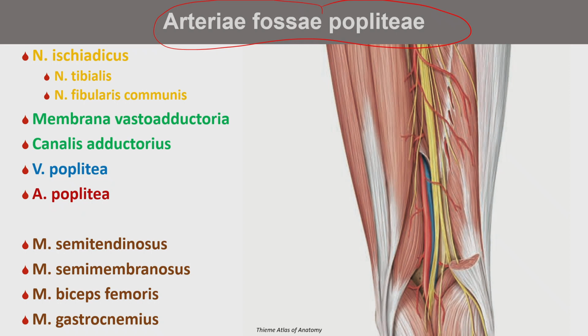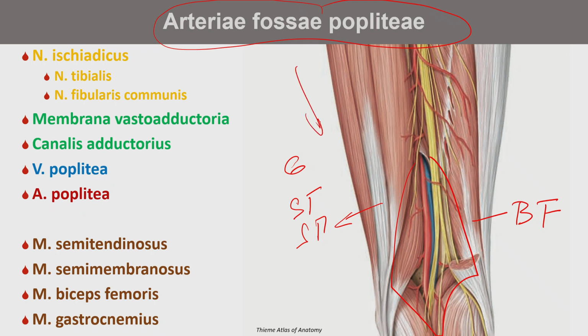And in fossa poplitea, there is again a very important topographic region. This is a rhomboid space which could be palpated between here, this is biceps femoris, and here we have semitendinosus, semimembranosus. Here we have also gracilis muscle, and from the anterior part is going also sartorius.